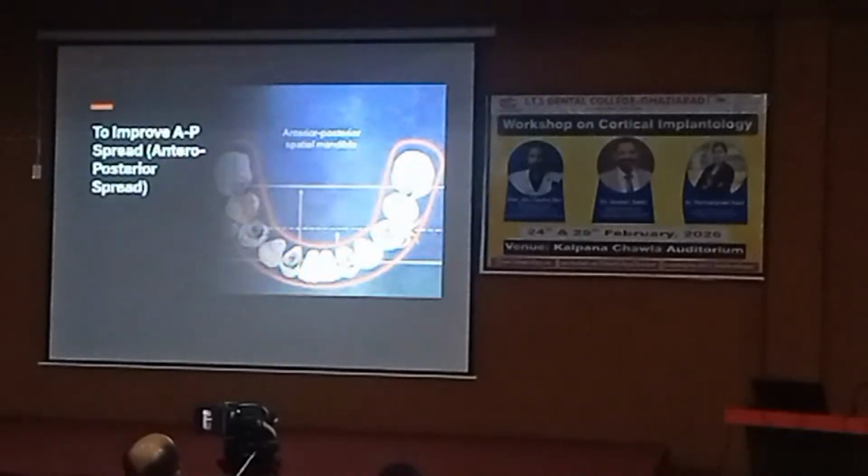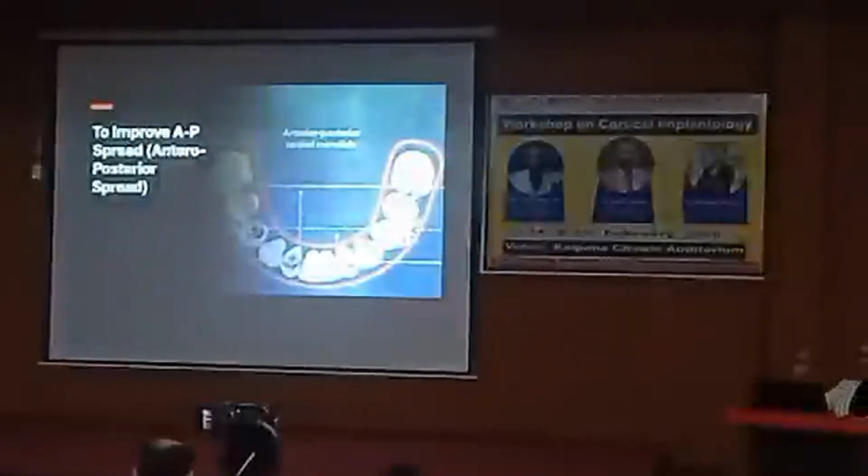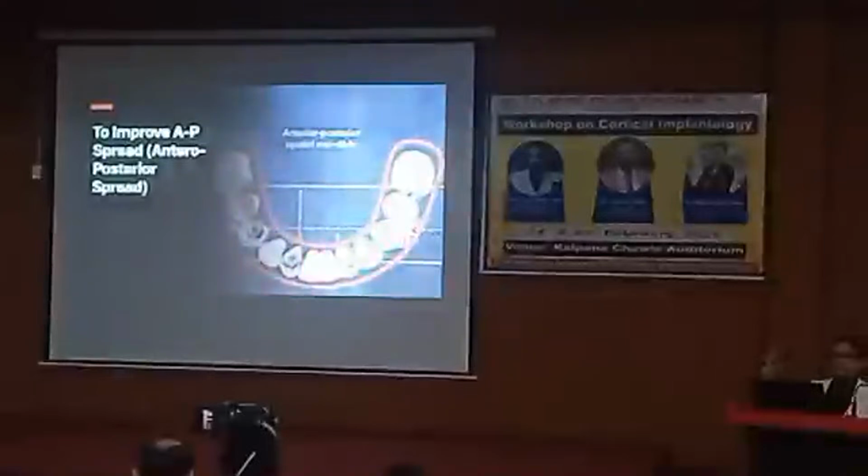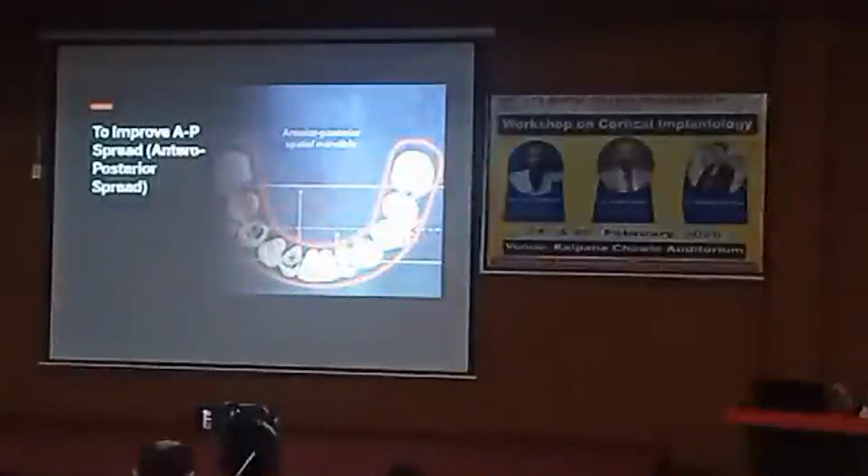But a pterygoid implant improves the AP spread. Benefits of AP spread: you can distribute the occlusal loads to the pterygoid pillars. So better occlusal load dispersion, better force distribution. So that is why there are 3 major reasons for pterygoid: to avoid distal cantilevers, number 1. Number 2, we don't need to do any sinus surgery. Number 3, it increases the AP spread, which is very important prosthetically and for longevity of a full mouth case.